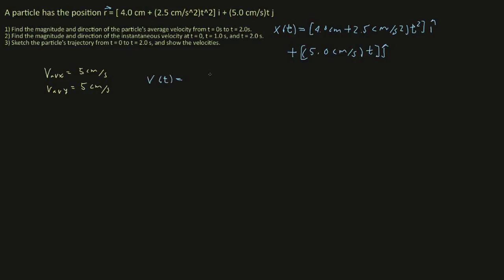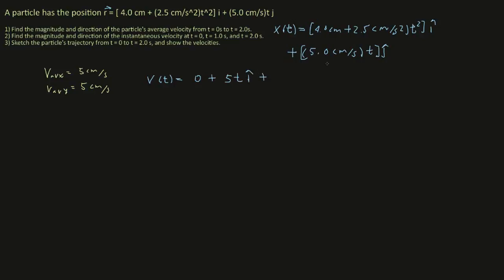v of t equals, so 4 centimeters is just going to be 0, plus, and then 2.5 centimeters is just the coefficient. We bring the 2 out front times 2.5, that will give us 5t i hat, right?